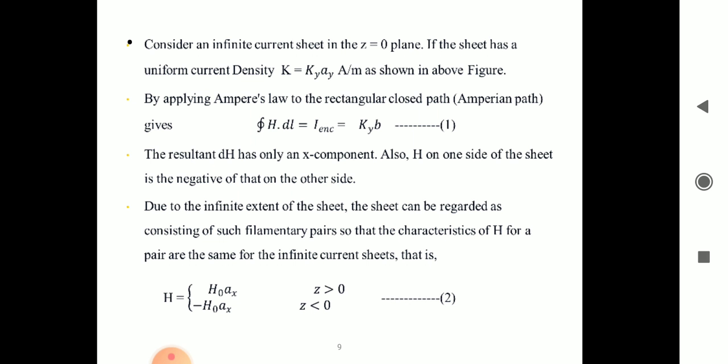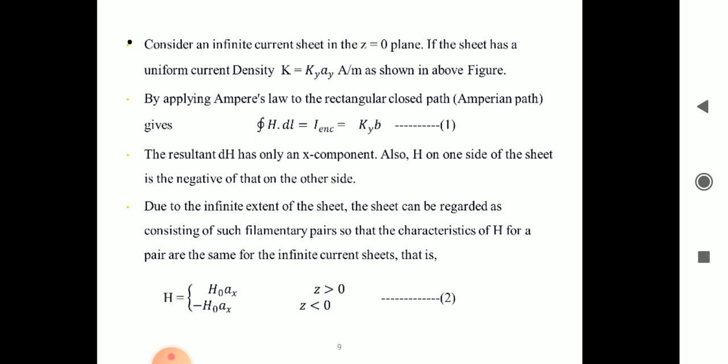By applying Ampere's law to the rectangular closed path, known as the Amperian path, we get the closed integral of H dot dl equals I enclosed, that is equal to Ky b. Let this be equation 1. The resultant dH has only an x component.